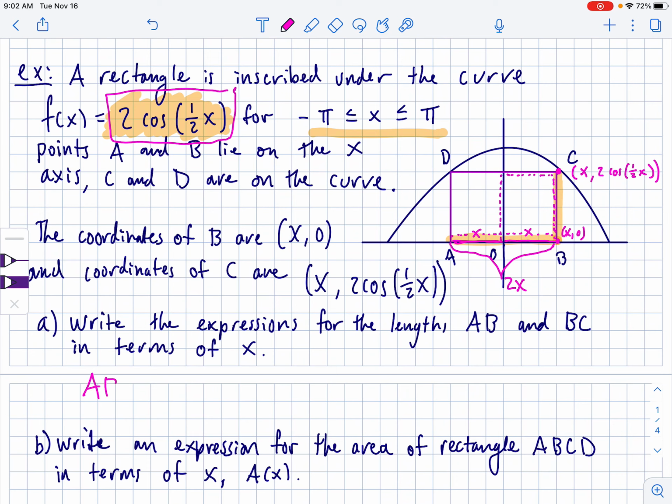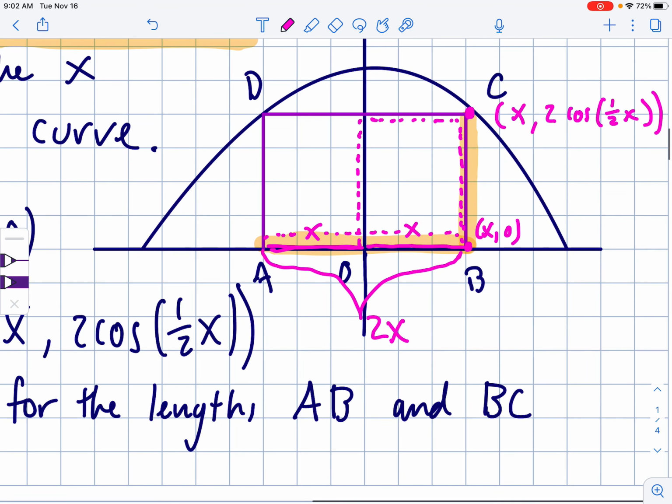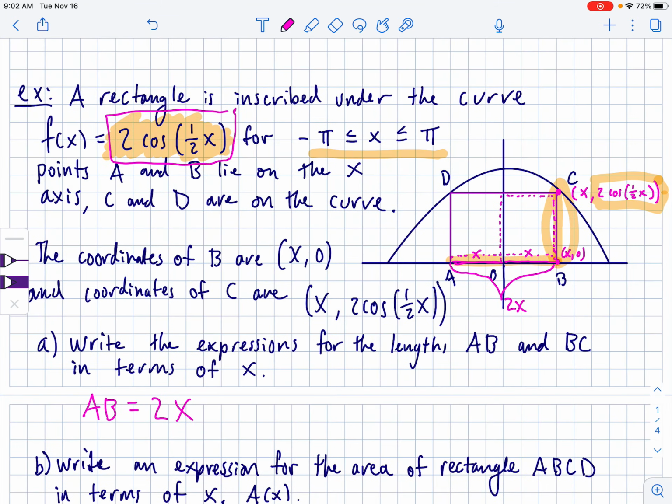So AB is equal to 2x. And the length of BC, well, I kind of already talked about it, this length of BC right here is just the y value of the C coordinate. So that is 2 cosine 1/2 x. So BC equals 2 cosine 1/2 x.